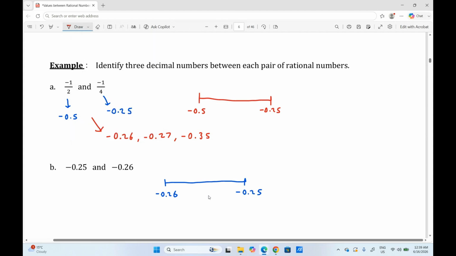So some numbers could be negative 0.251, right? Or negative 0.252, or negative 0.255. And there's more numbers that I can pick as well.